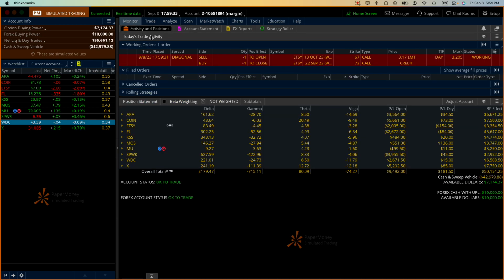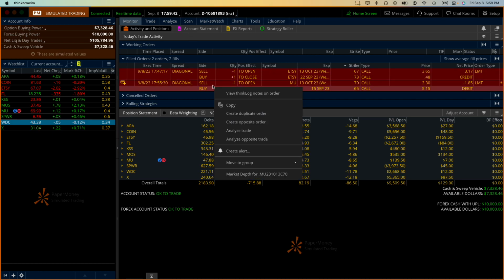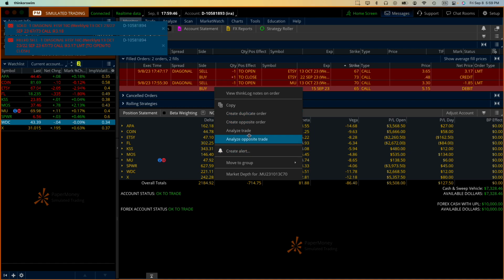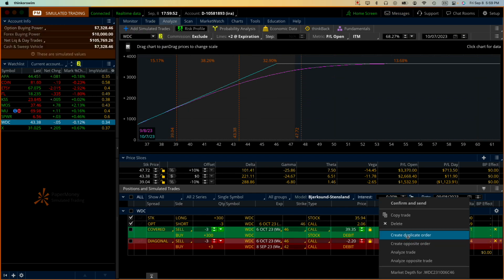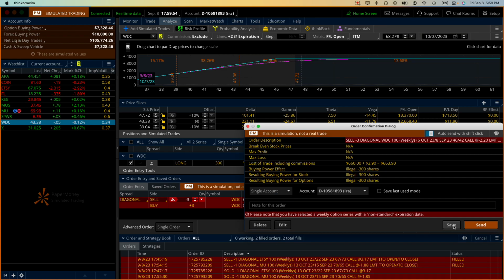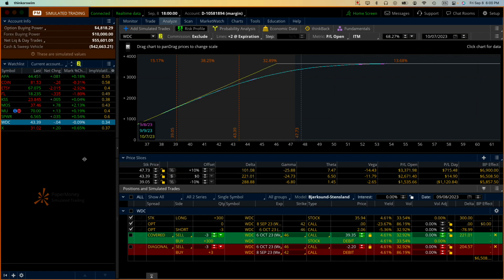I don't really want to spend too much time going over that, but I want to keep track of what happens with the margin account. So send the same trade to the margin account, and that's it.